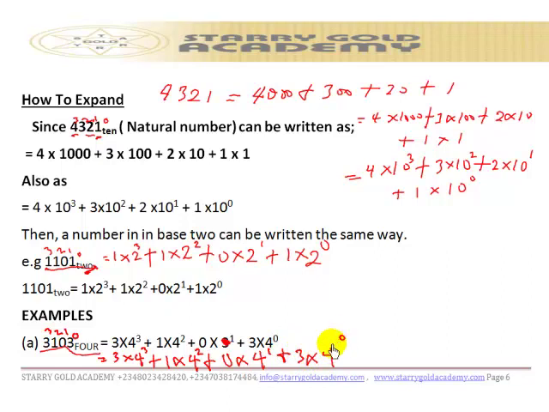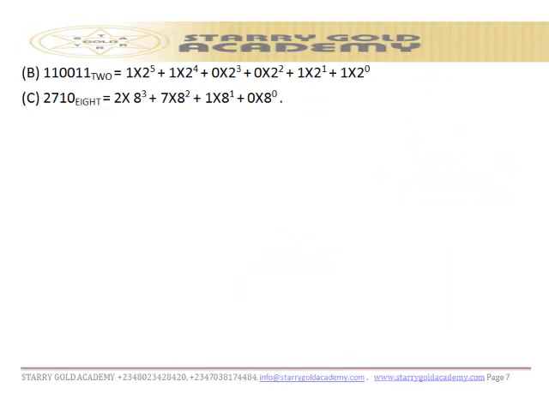Now what you have just done is you have just expanded this number. Let's check out other examples that we can expand. I believe by now you should be getting the logic behind expansion of numbers.